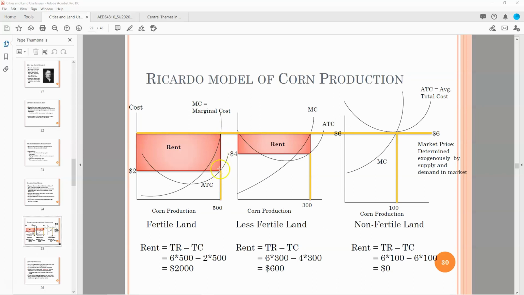The intersection of this vertical line and the average total cost represent our production cost for 500 corns, and this area 2 times 500 represents our total cost of production. Then the difference between total revenue and the total cost is farmers' profit from the production.